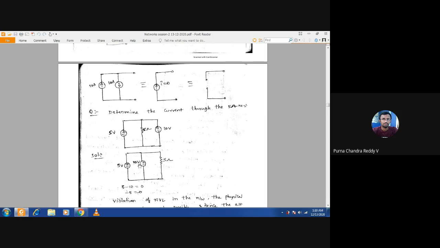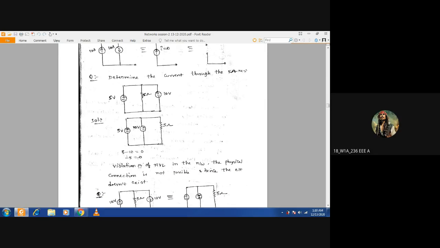Violation of KVL. You can't find the current flowing through the 5 ohms resistor. Since the circuit is violating KVL, we cannot determine the current flowing through the 5 ohms resistor. Is that okay?